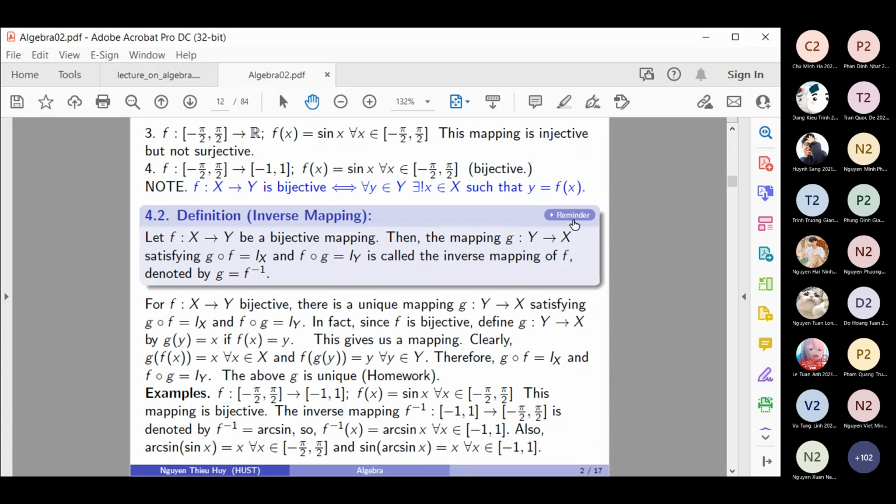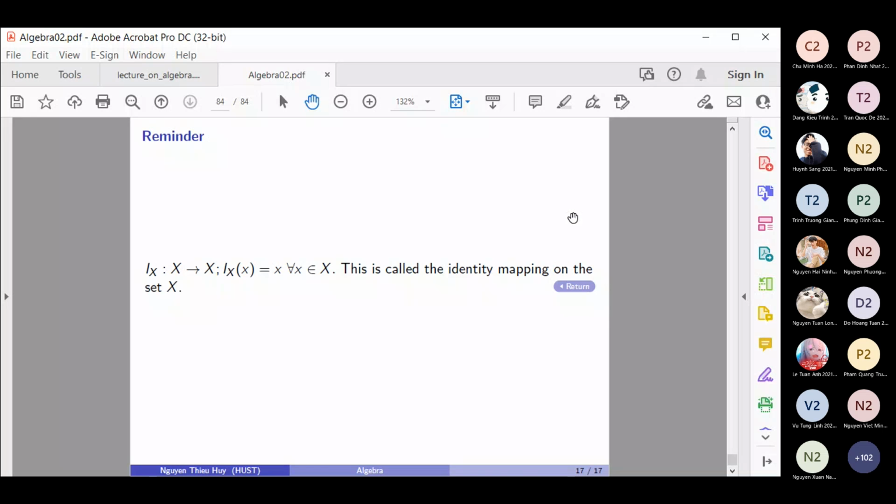If you want to remember, then you can just put a reminder here. This is the identity mapping on set X. That means that I_X goes from X to X with the map I_X applied to x equal to x, for all small x in capital X. On every non-empty set there is this identity map.